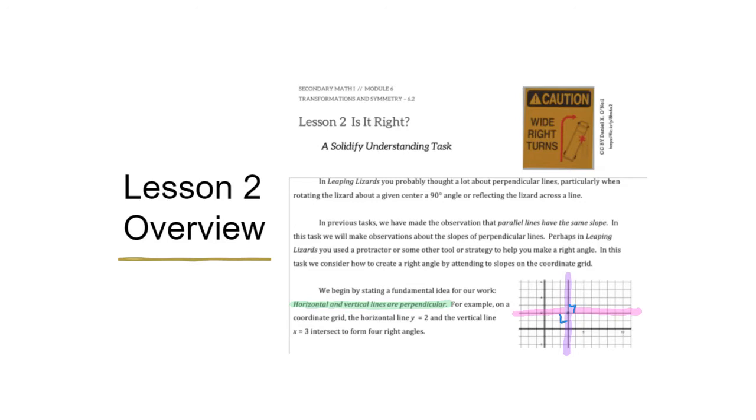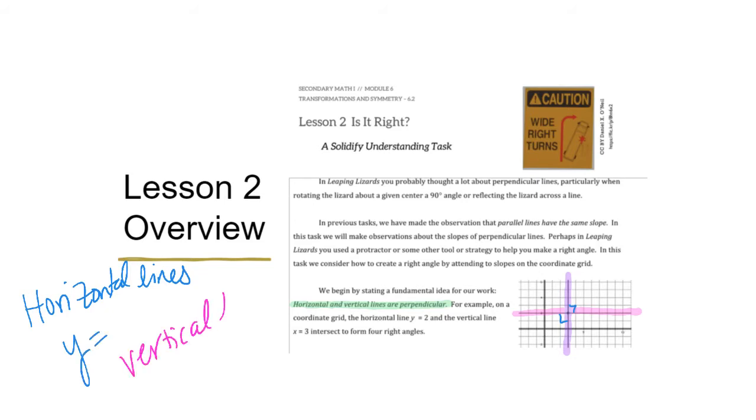You do always want to remember that horizontal lines are always y equals, and vertical lines are always x equals. So it'll be like x equals a number, y equals a number, whatever number that may be.